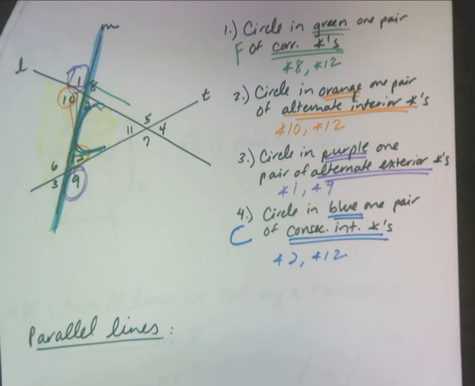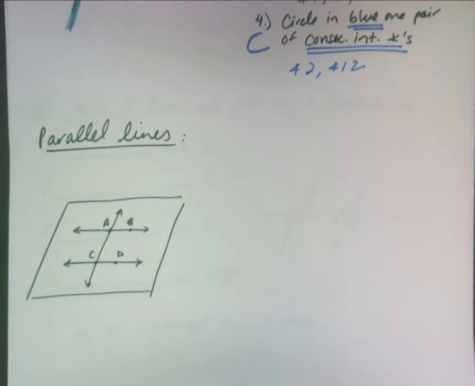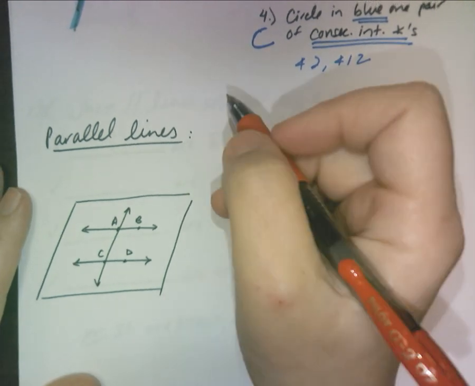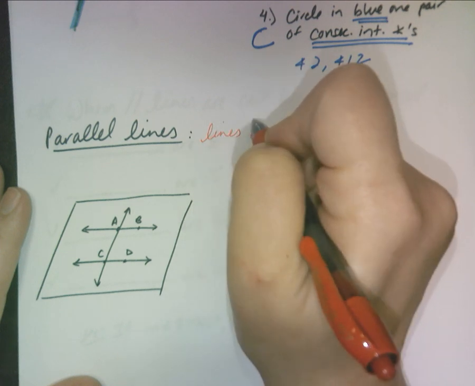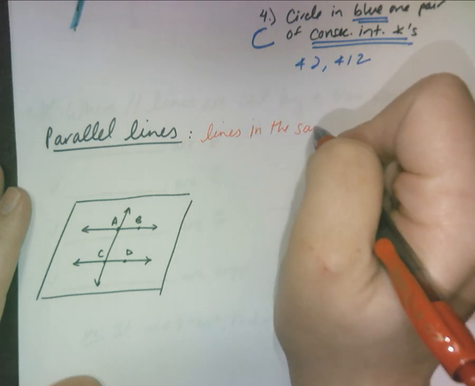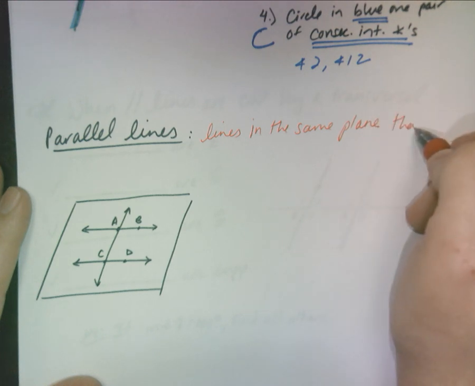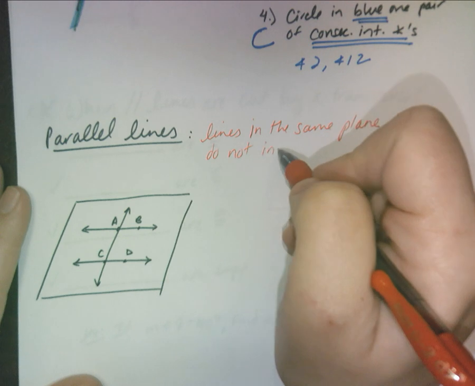All right. Now, with that said, let's talk about parallel lines and what happens when we cut a transversal on them. It actually is really cool. So parallel lines are lines in the same plane that do not intersect. They're never, ever, ever going to intersect.